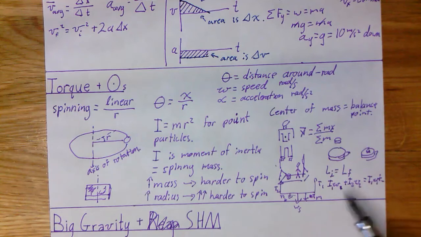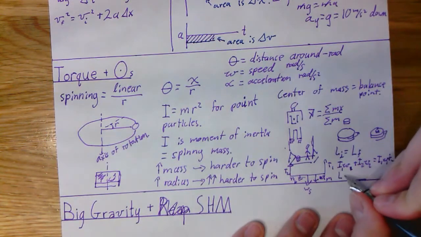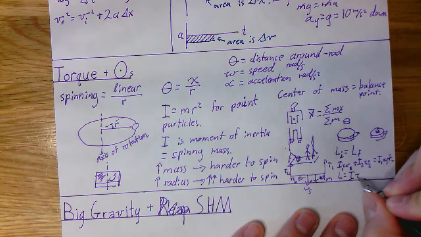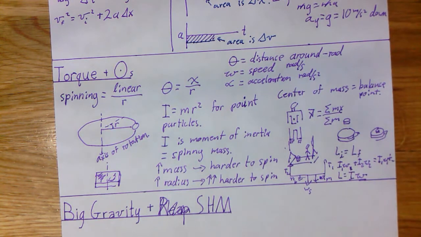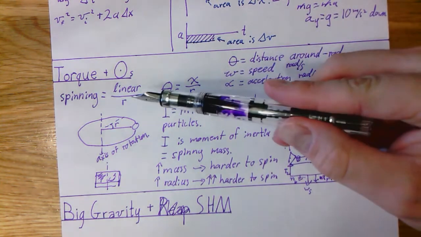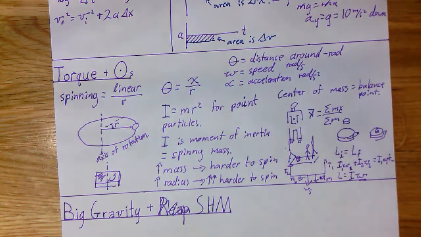So you set up conservation of momentum. The formula for momentum is I omega instead of mv, right? But you can use your conversion thing over here on all the variables in your momentum equation.